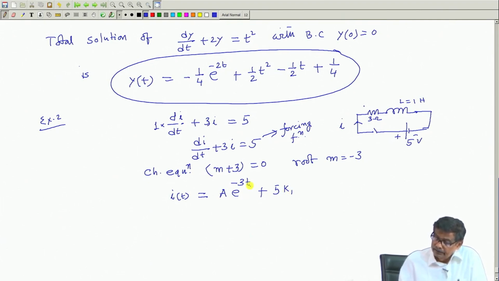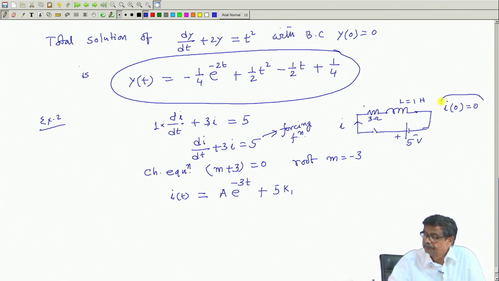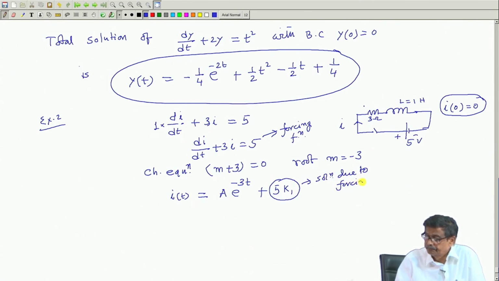Then this will be the solution. And the boundary condition given is, suppose I(0) is equal to 0. So, I will find out the solution here, but one thing is, this is the solution due to forcing function, and forcing function alone will also satisfy this equation.